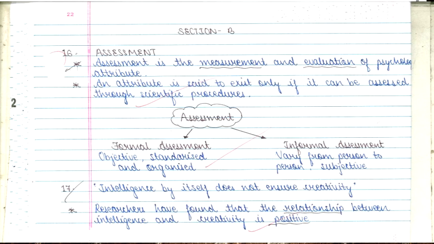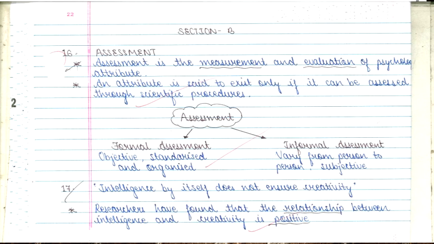Now next you have to explain this term: intelligence by itself does not ensure creativity. So let's see how the child has written further, and she has started with the sentence: researchers have found that the relationship between intelligence and creativity is positive. You all must have read about Terman's study in this.